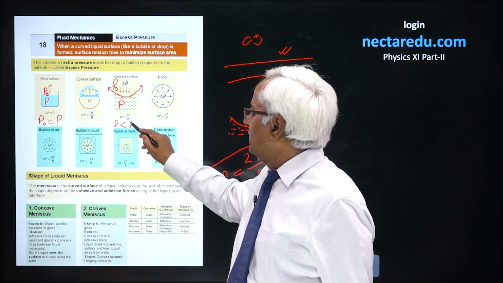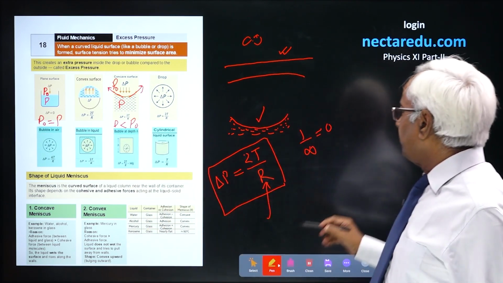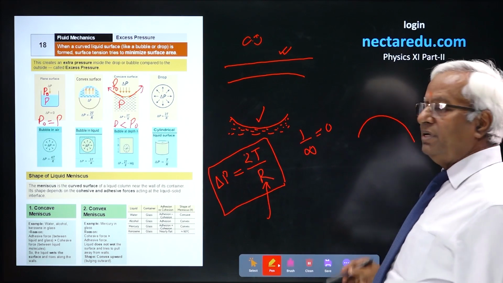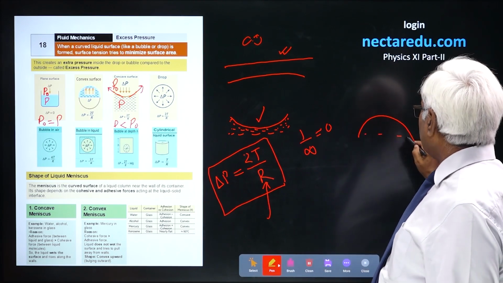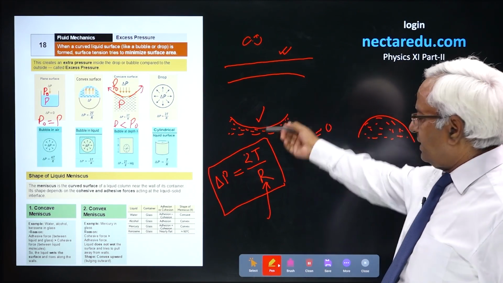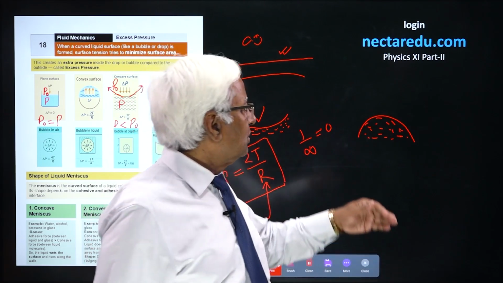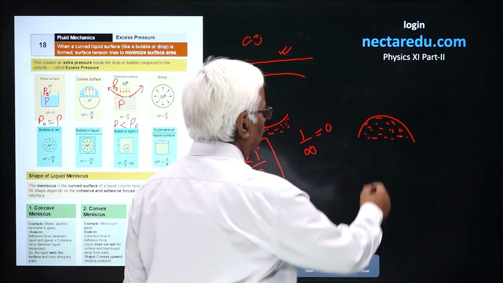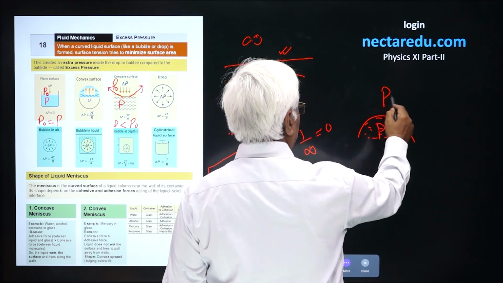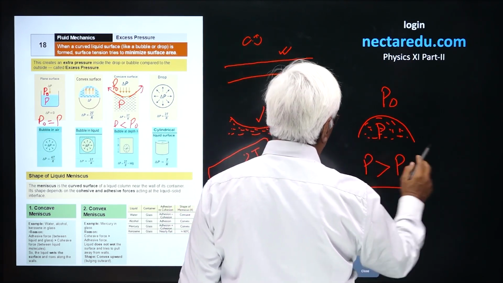So, better to write here P less than P0. Similarly, if the surface is convex, as I have shown over here and explained here, the pressure will be greater below the convex surface. So, if it is P and above is atmosphere, P is going to be greater than P0.